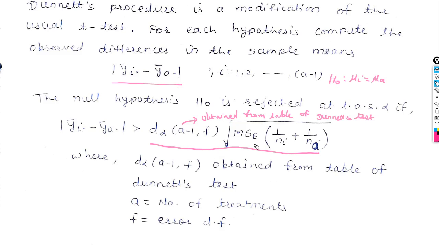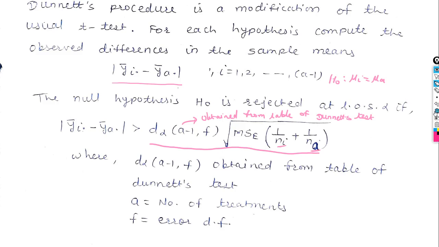Alpha is the level of significance, a means the number of treatments, f means the error degrees of freedom, MSE means the mean square error, or mean sum of squares due to error, 1 upon n i, where n i means the number of observations due to the ith treatment, and n a means the number of observations due to the control treatment.